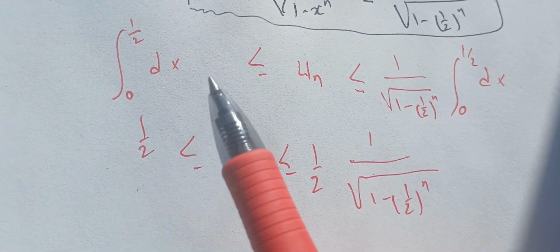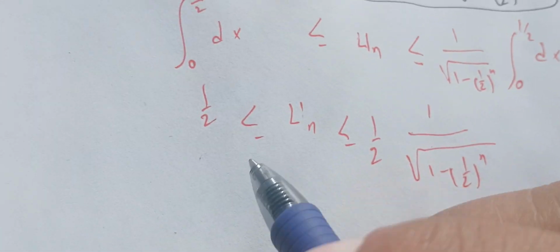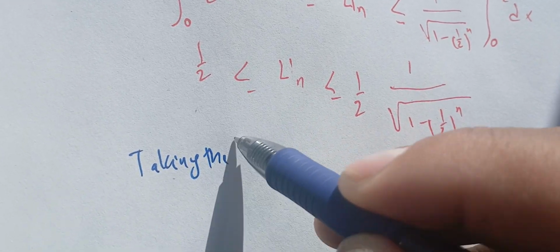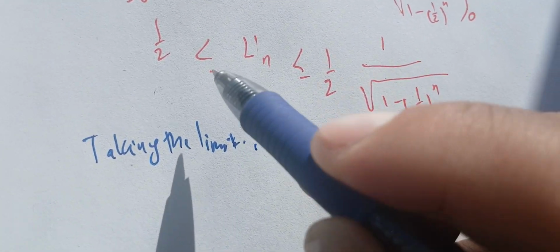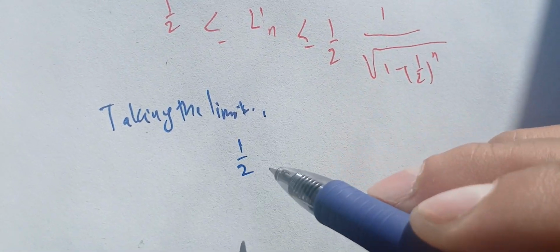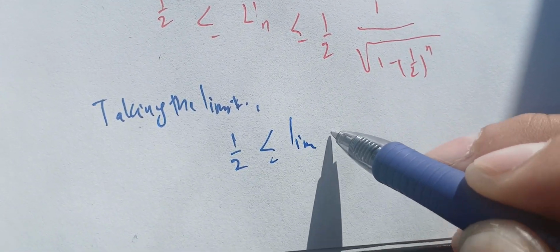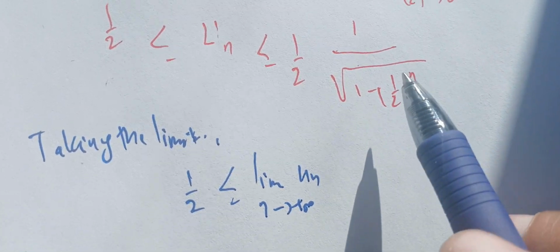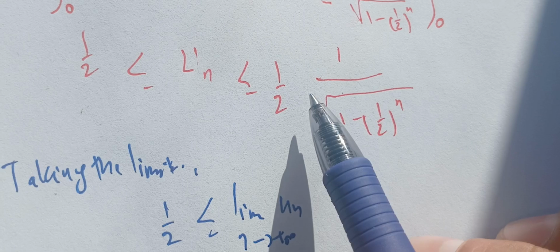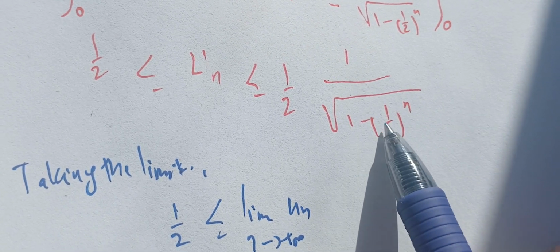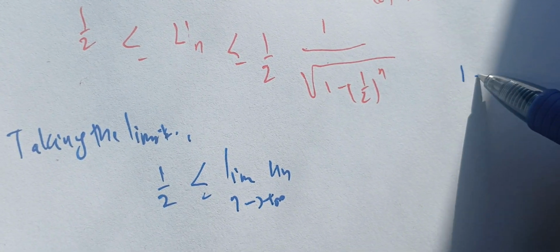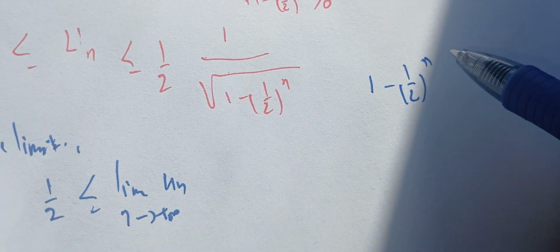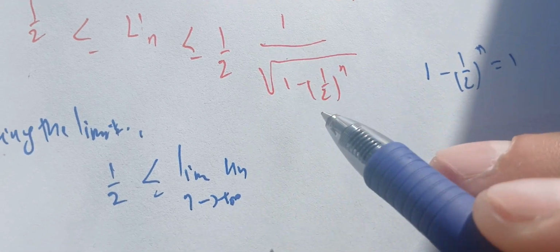So taking the limit of all the sides, this is 1/2, this is 1/2, and this is the limit as n goes to infinity. But this limit here: the square root is a continuous function, so I can enter the limit inside, and once I do that, I have this limit as n goes to infinity, which is just 1. Therefore, I have 1/2 as well here.